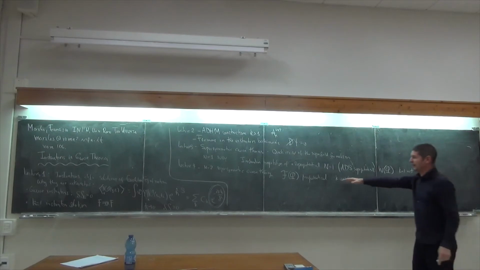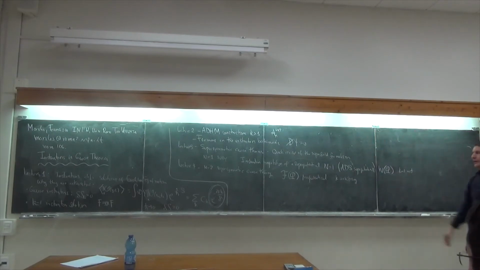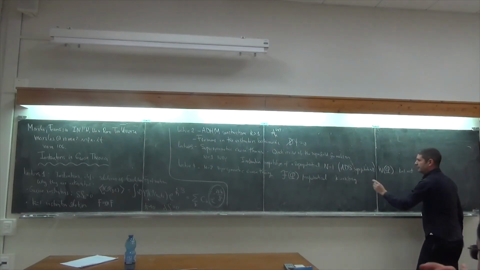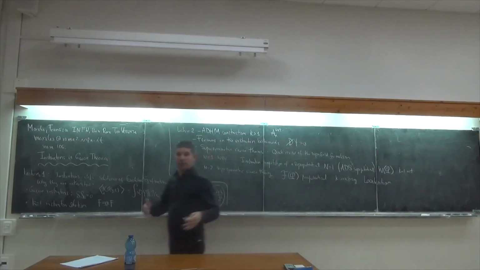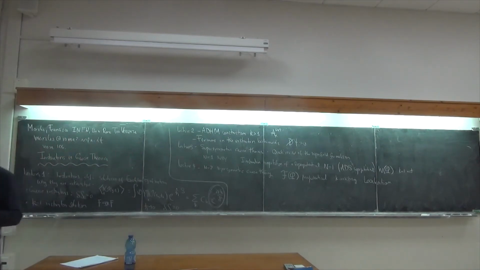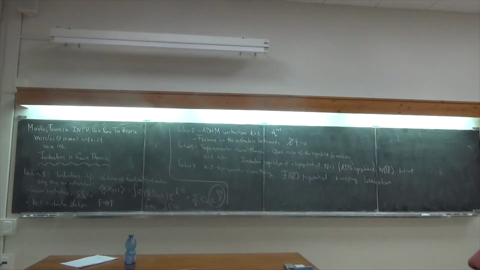Here I should take into account all possible instanton contributions. But there is a technique which is very popular these days, called localization. Can you imagine that for 20 years, people tried to compute k equal 2 instantons? And after 20 years, they knew how to compute just k equal 1, and in a few cases, k equal 2.